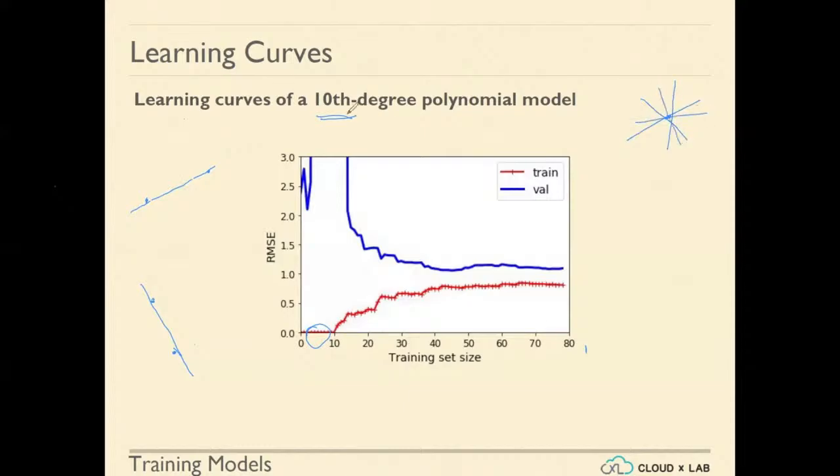If we are fitting a 10th degree polynomial with 9 data points, it will fit perfectly, so that's why you get zero training error here. But at the same time, since there is lots of uncertainty, you will not get the correct model. So that's why the validation error is very high, right?